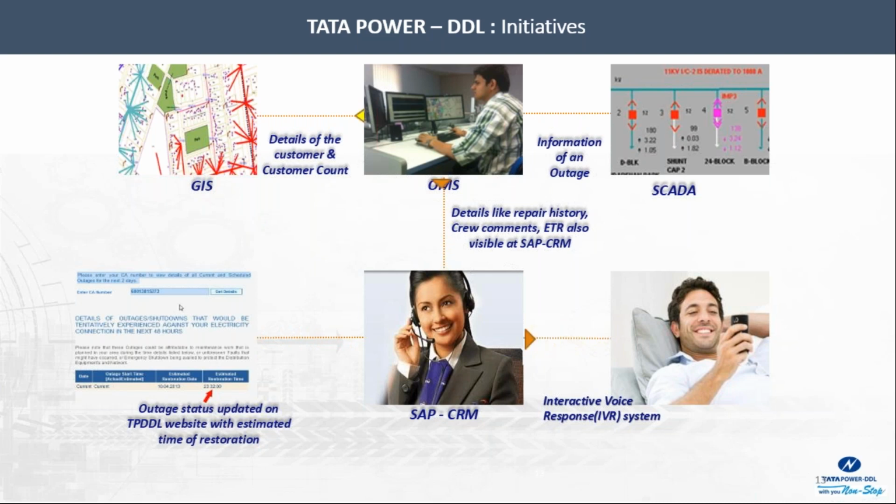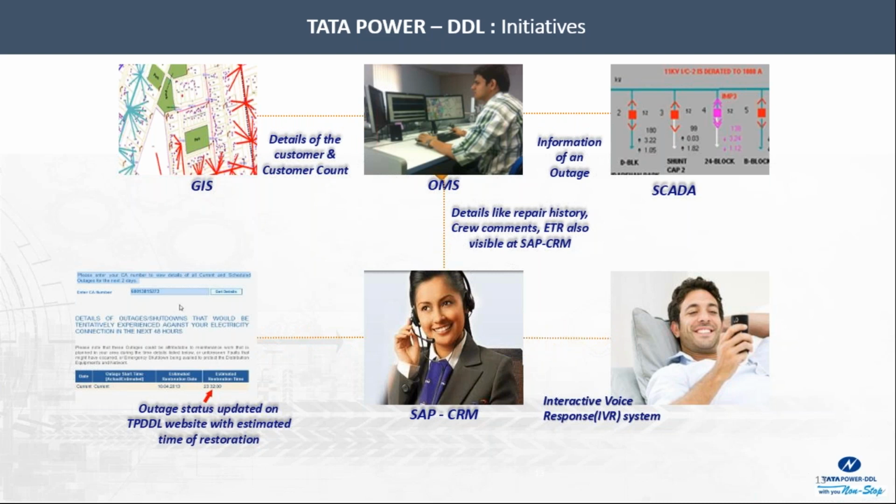And consumer calls which are received in ADMS system go to the field crew, and field crew using his mobile device closes the outages and updates into the SAP call center. SAP, so all outages are known to call center. Any outages which take place in 66 kV level or 33 kV level are also known to the call center, because the OMS SCADA or the ADMS system is connected to the SAP CRM system.